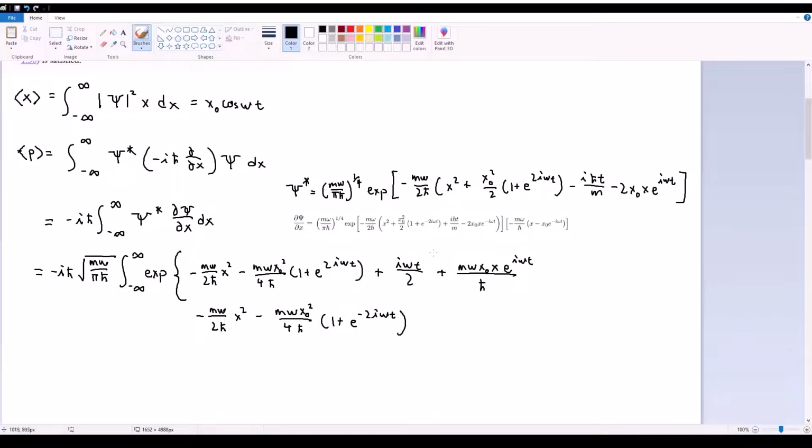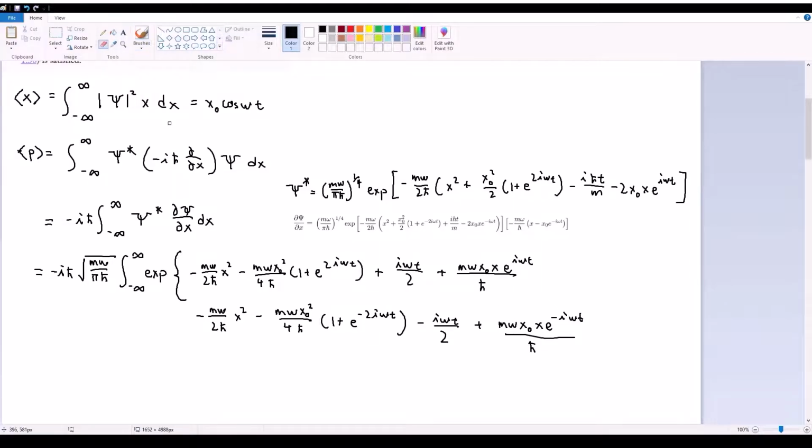And then we are subtracting, this time, i omega t over 2. Is that correct? Yeah. And then we're adding m omega x naught x e to the negative i omega t, all divided by, the 2 cancels and we're left with an h bar at the bottom.